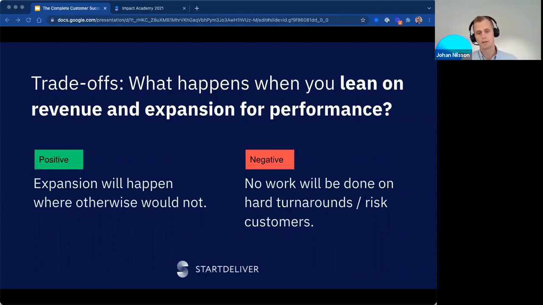Also common is that if you drive hard on expansion, you will probably do expansion that's maybe not in the interest of the customer. In the worst case scenario, you could expand on a customer where it doesn't make sense, and they will churn on you. So keep this in mind. It's a trade-off here.